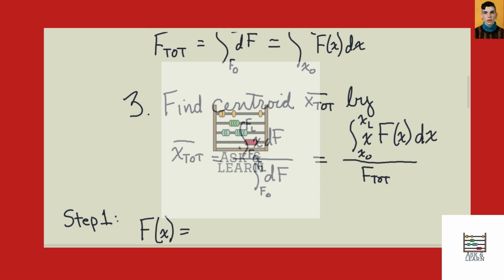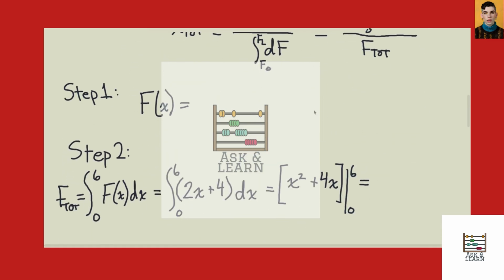Breaking this expression down further, this differential load we can express as f of x times dx, the infinitesimal over the span of the beam. So, let's get started with step 1 here.